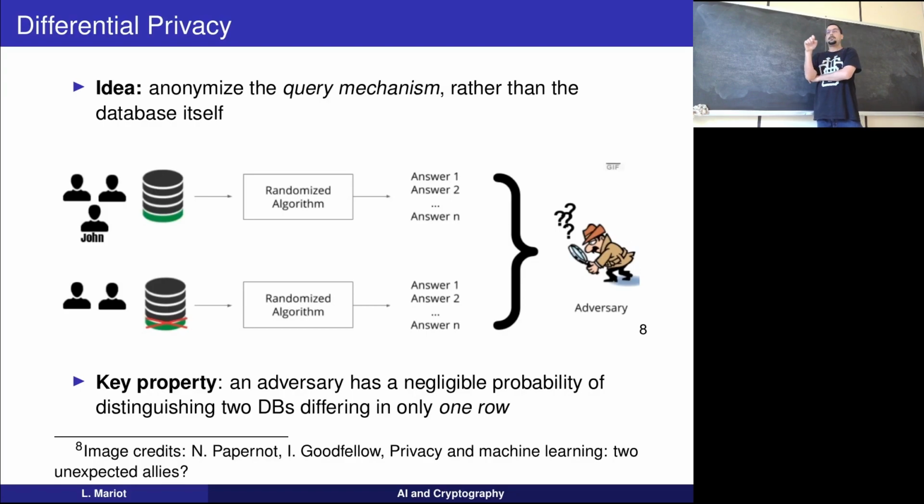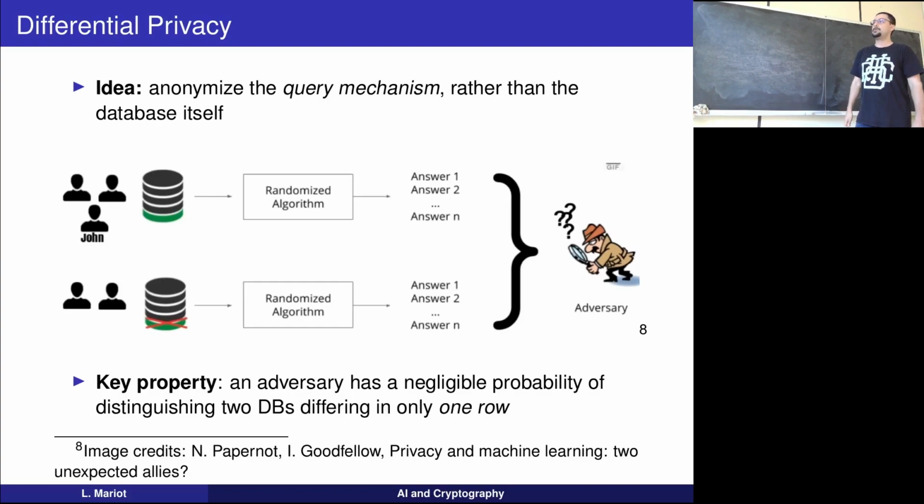The fundamental property in differential privacy is that if you have two databases that are adjacent, meaning they differ in just one row, for example in the first one we have John as a member of this dataset and in the other one he is not, then an adversary is not able to distinguish the two situations by posing the query. So it's not able to understand whether John belongs to that database or not.